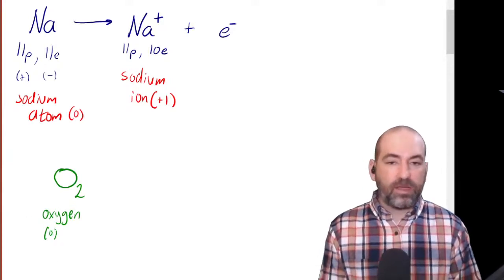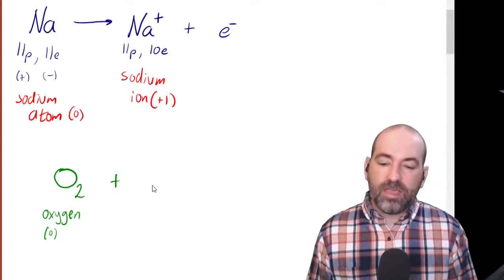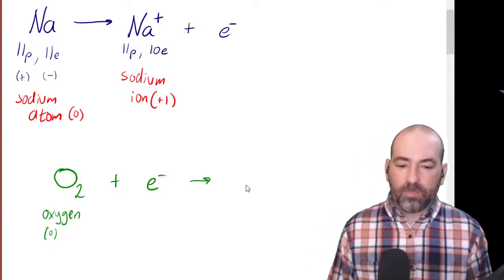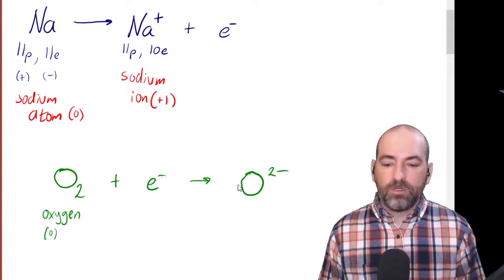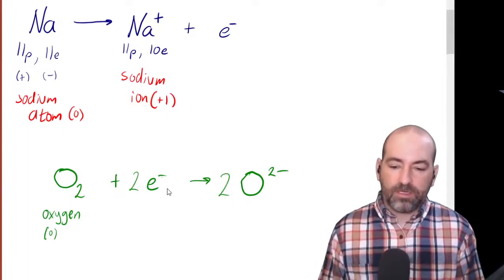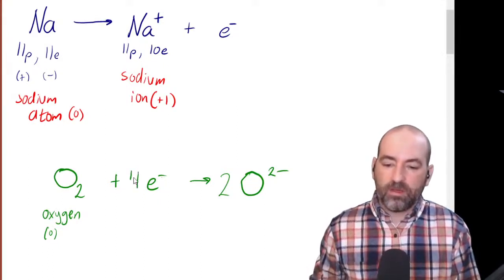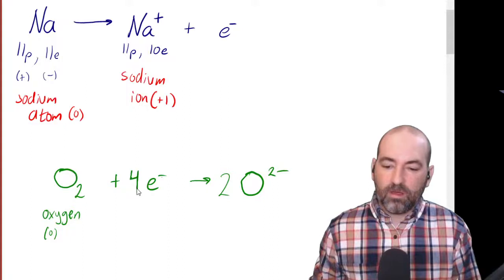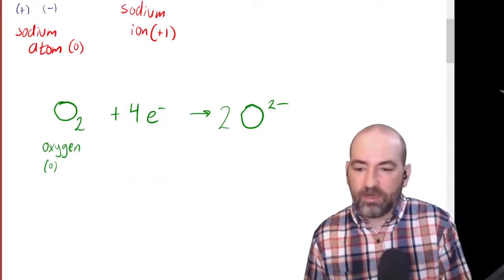And it also has zero charge here. And oxygen can gain electrons to become O2 minus. And here we have to do a little bit of balancing to make sure we have enough electrons and everything. Don't worry about that too much just yet. We'll talk about chemical reactions a little bit later.